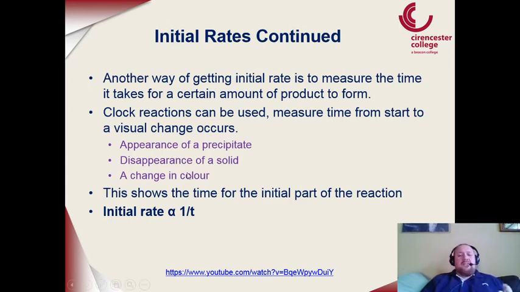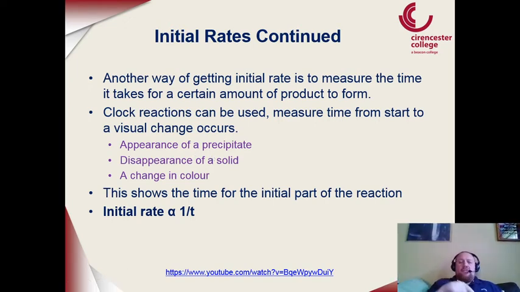There are also other things, for example, appearance of precipitate. When you did your GCSEs, you would have done the disappearing cross experiment, where you get some sodium thiosulfate, add some hydrochloric acid, have a cross under there, and it disappears. And there are also colour change reactions, etc. as well.